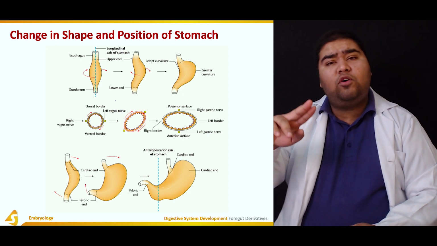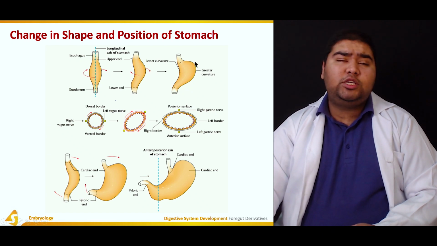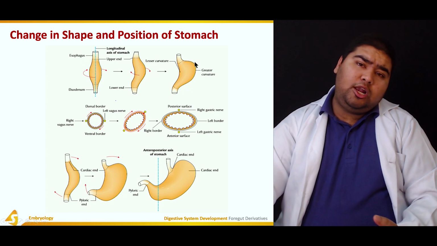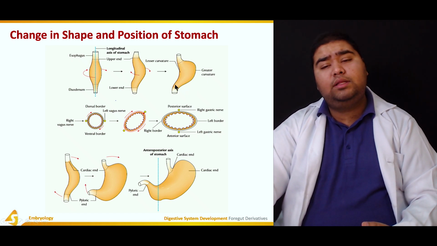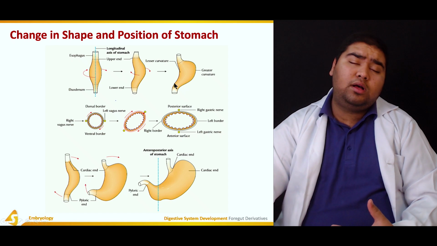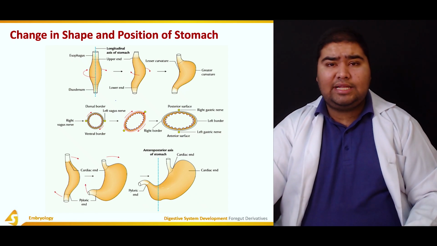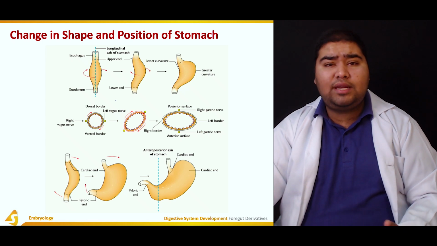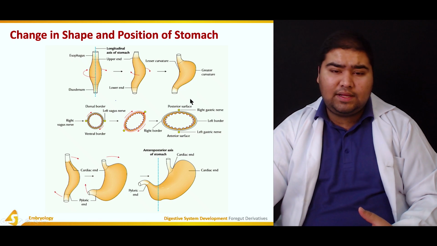As a result, there's formation of the greater curvature. Here you can see in the figure the formation of the greater curvature along the anterior aspect of the stomach, and there's formation of the lesser curvature on the posterior aspect, because the cells on the posterior aspect are proliferating rapidly, but not as rapidly as those on the anterior surface.